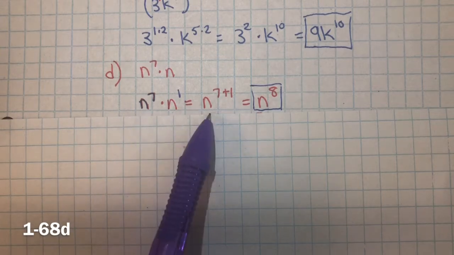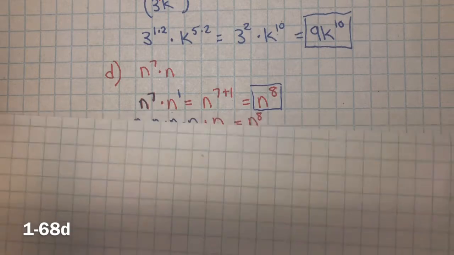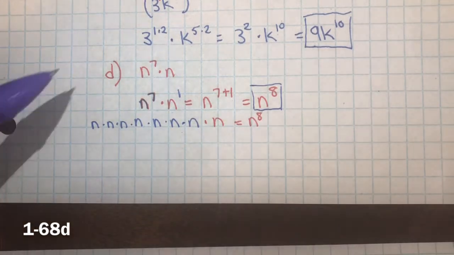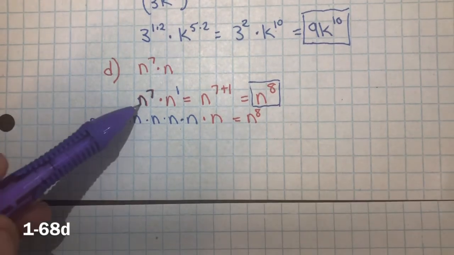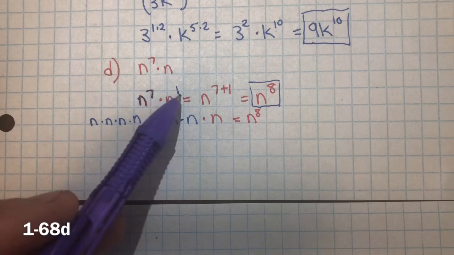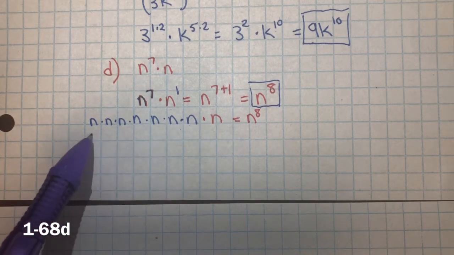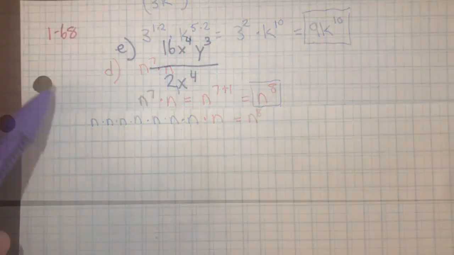Keep the base, and then you add the exponents. Another way to look at this is n to the 7th. I have 7 n's. And n to the 1st, 1 n. Add all those n's together, n to the 8th.